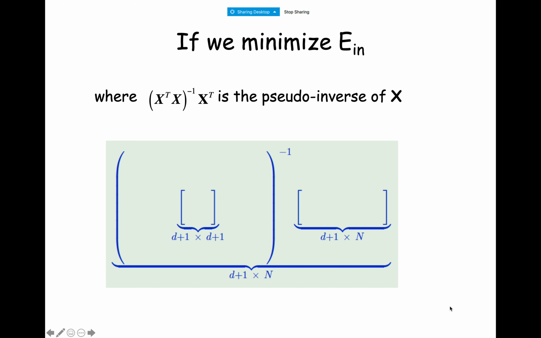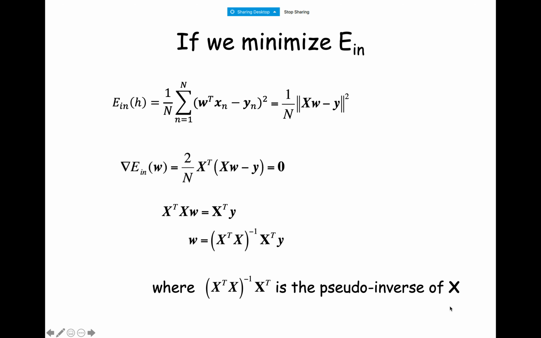Then we take that D plus 1 by D plus 1 result of the inverse, and we multiply it by X transpose. Multiplying by X transpose, which is D plus 1 by N, gives us a D plus 1 by N resulting linear system. Now, of course, we multiply that by our y.